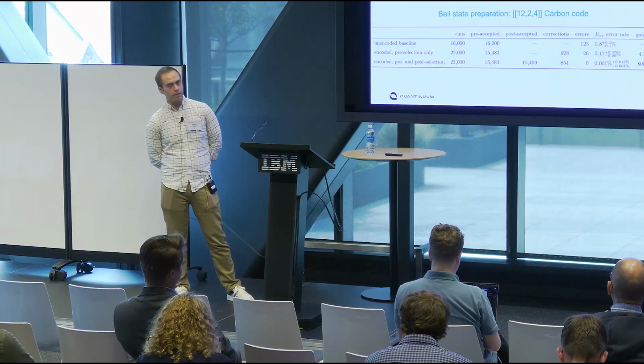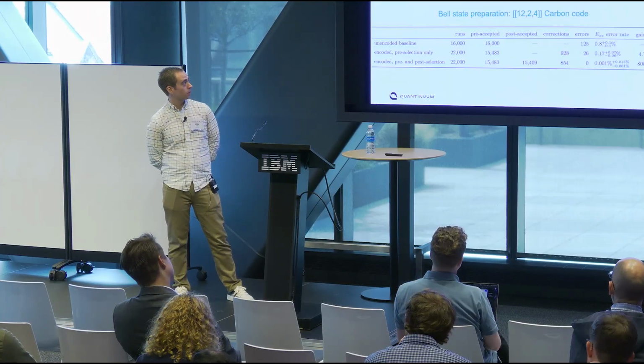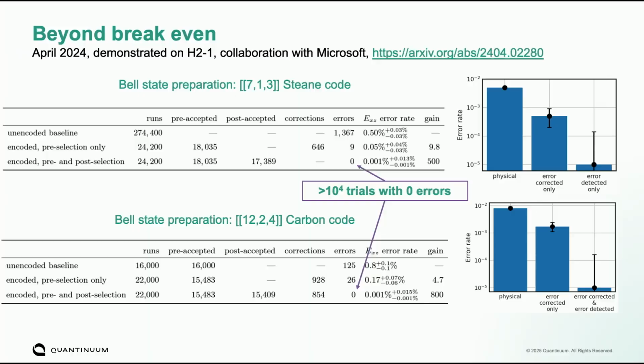And one thing that really struck me with this result is how high performance the error detection was. And so in both of these codes, in both of these experiments, we actually did over 10,000 trials with error detection and measured exactly 0 errors. And so this was running on the machine probably for several hours each. And so there were no sneaky errors that came in that time, which was pretty cool to see.